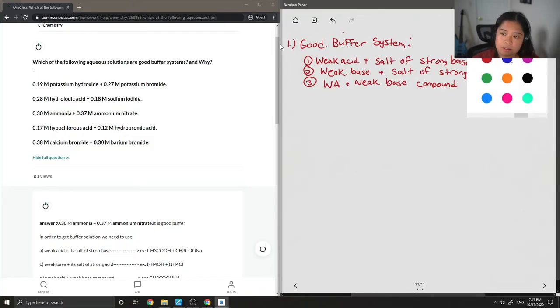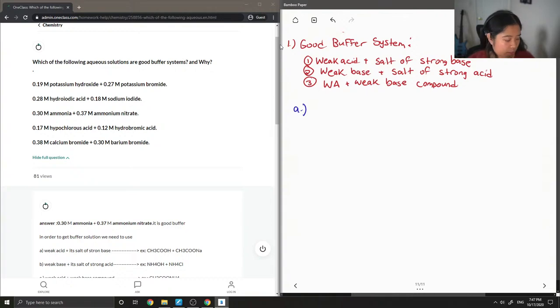Now I'll go over all the different options they give us. First we have potassium hydroxide, which is KOH, plus potassium bromide, which is KBr. Potassium hydroxide is a strong base, but KBr is also a strong salt.